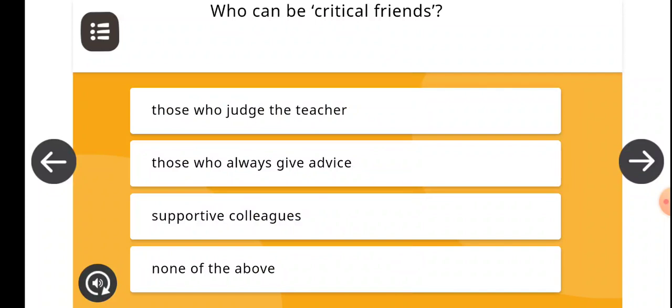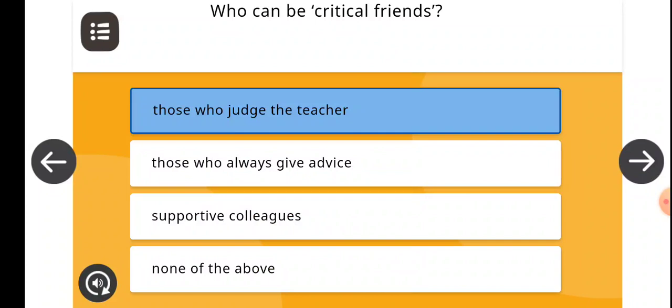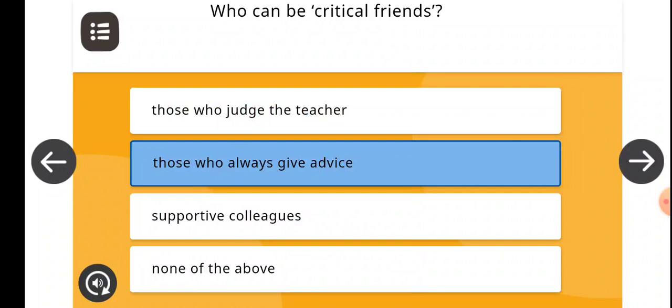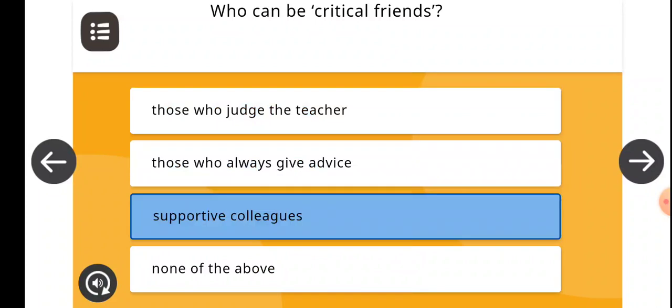So let's have a look at the options. Critical friends are those who judge the teacher, those who always give advice, or those who support your colleagues. Yes, critical friends are nothing but supportive colleagues. They will support you whenever you make a mistake, and they will appreciate you whenever you make an achievement. So supportive colleagues is the right answer.